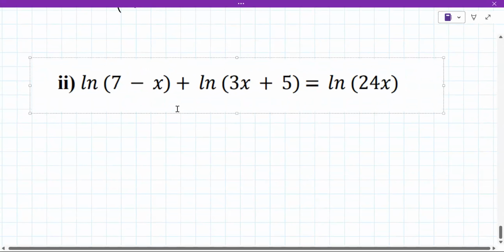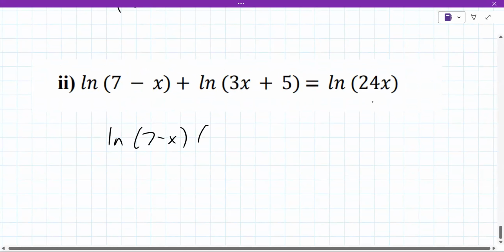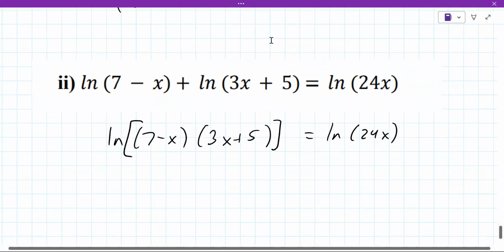All right, so this one, you got a product over here on the left. So this becomes natural log of (7 minus x)(3x plus 5), which equals the natural log of 24x. Because you got ln on both sides, you could undo it with e, but you can also just set the inside parts equal.